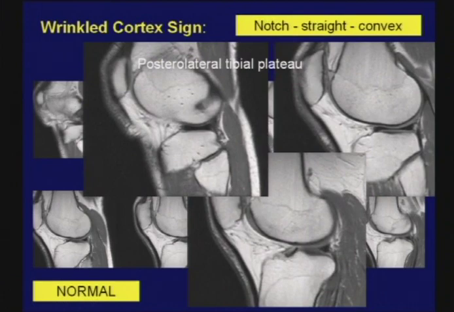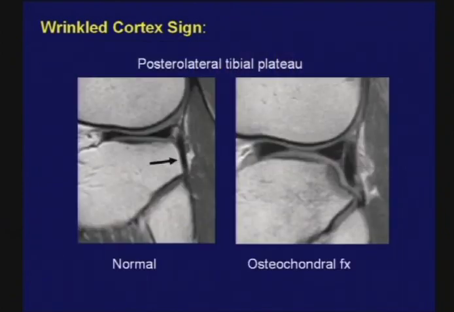Typically, but not invariably, if you look at the contours, you go from the peripheral aspect to the central aspect. On the lateral side, there will be a shallow notch peripherally, and then it becomes a straight margin, and then it becomes convex as you reach the central part of the joint. So we tend to call these, if there is marrow edema and there is some deviation in this plan of contour change as we go lateral to medial, an osteochondral fracture.